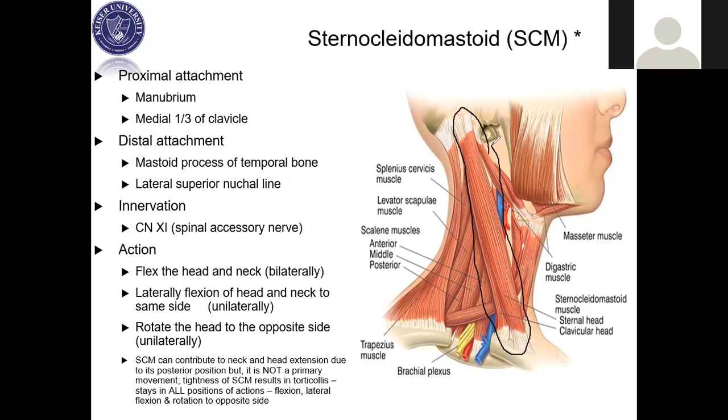What I do need you to know is that the origin is the sternum and the clavicle, and the insertion is on the mastoid process. This muscle is innervated by cranial nerve number 11. Cranial nerve 11 is the accessory nerve.